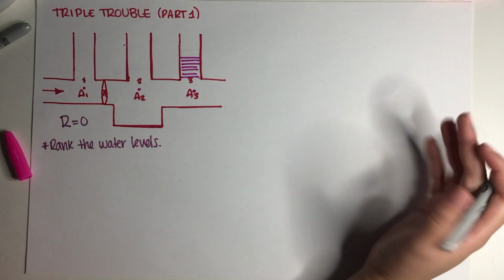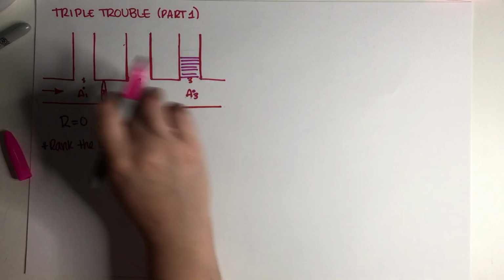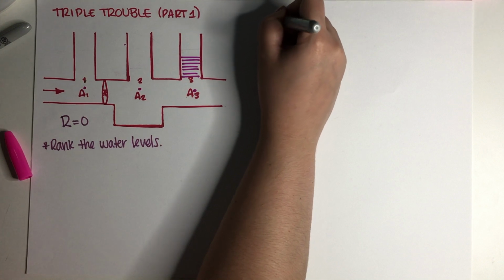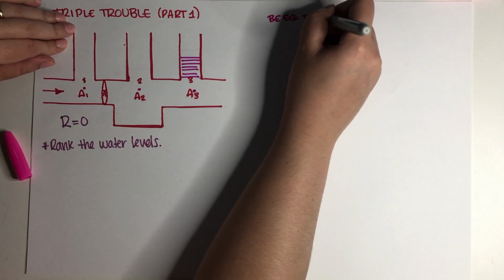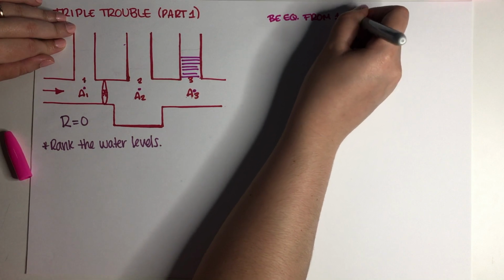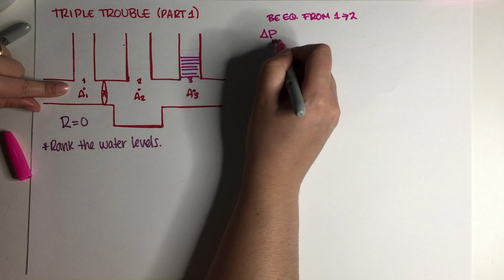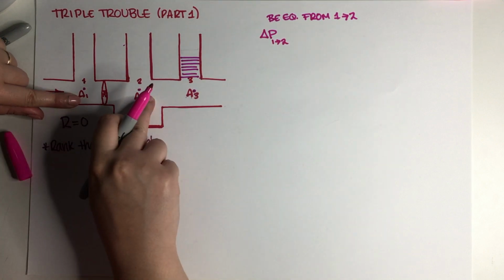So we could really start with whatever 2 points we want. So I'm just gonna go ahead and start by comparing points 1 and 2. So I'm gonna use my Bernoulli equation from 1 to 2. So delta P from 1 to 2. And now, do I have a change in height?